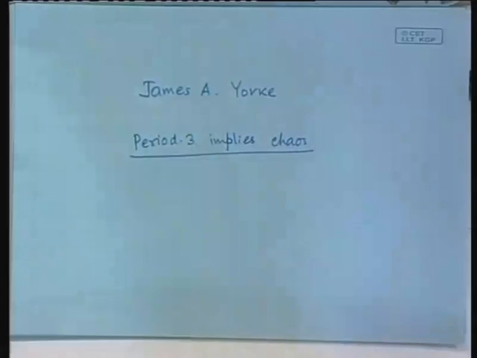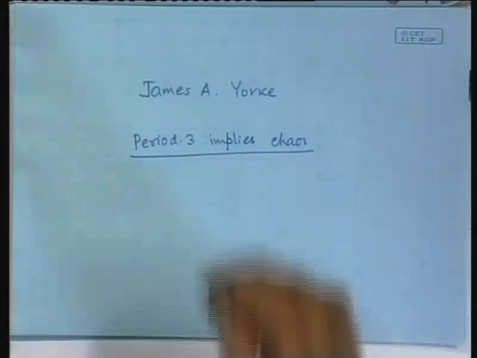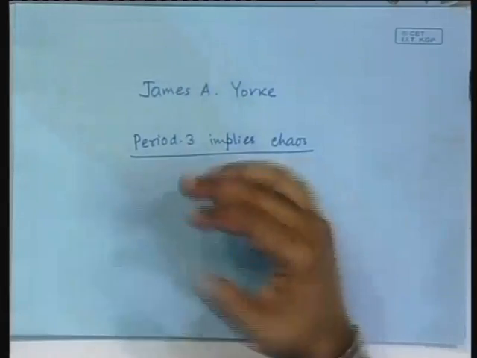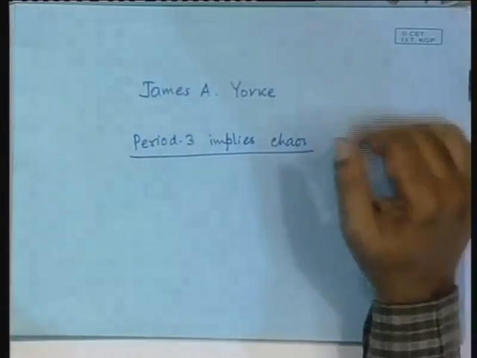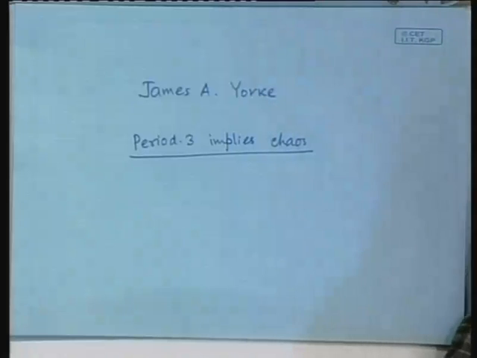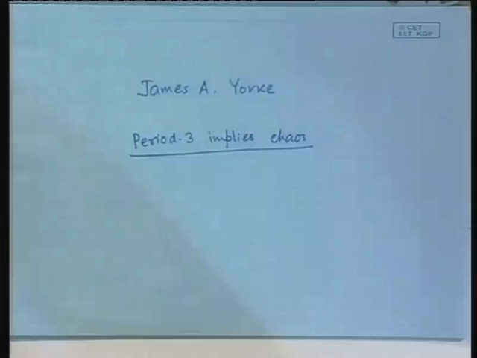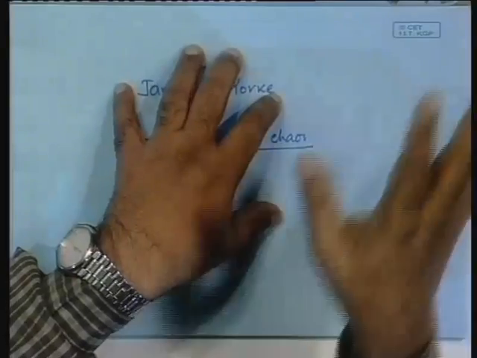We have seen that a period 1 system can be there, a period 2 system can be there, and he proved mathematically that if a system allows period 3 behavior, it also allows chaotic behavior. So that was his claim. This is the first time that the word chaos was used, and since the word chaos is used in common parlance more often in IIT hostels than elsewhere, it generally takes a meaning in our heads, but here it has a completely scientific connotation.